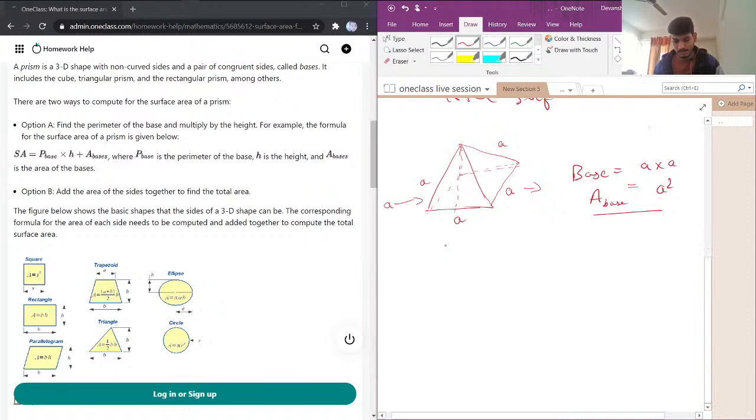The area of an equilateral triangle is root 3 by 4 into a square. Now we have four sides, so we'll multiply this by 4, because we have four equilateral triangles.